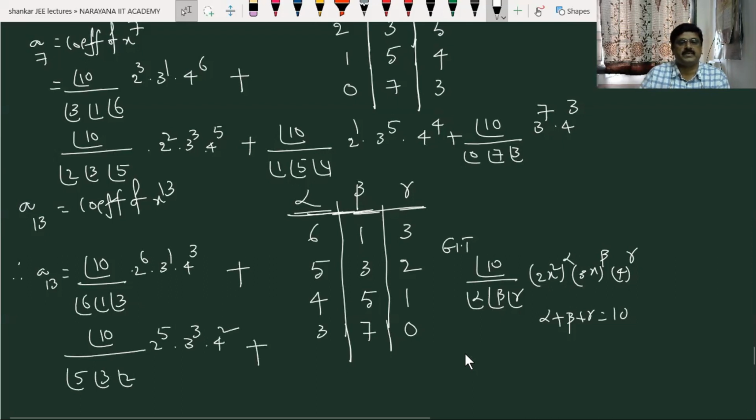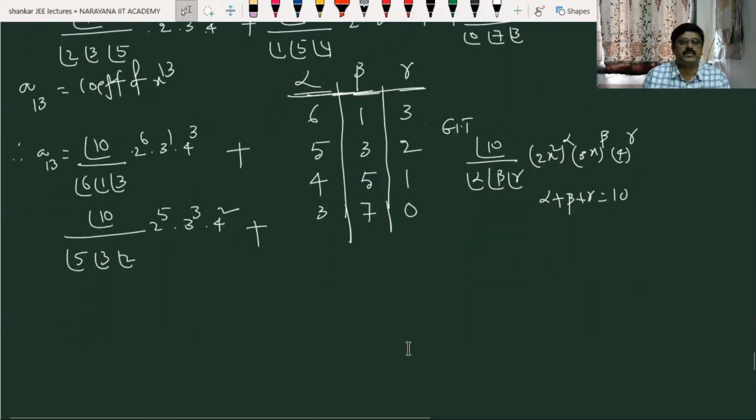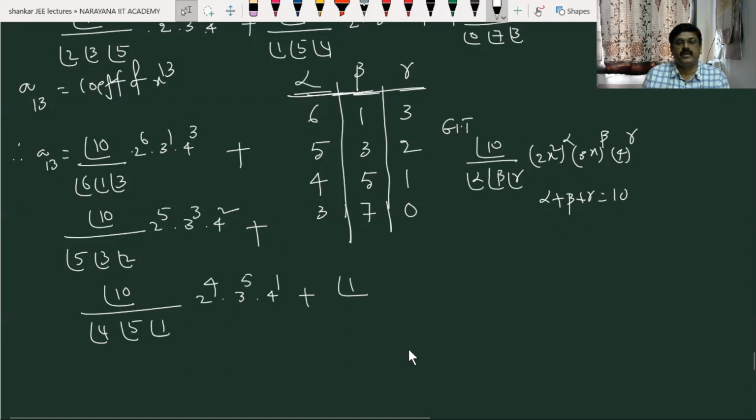Next, plus next term, what students? 10 factorial by 4 factorial into 5 factorial into 1 factorial into 2 power 4 into 3 power 5 into 4 power 1. Last, plus 10 factorial upon 3 factorial, 7 factorial, 0 factorial. 0 factorial is 1, no problem.